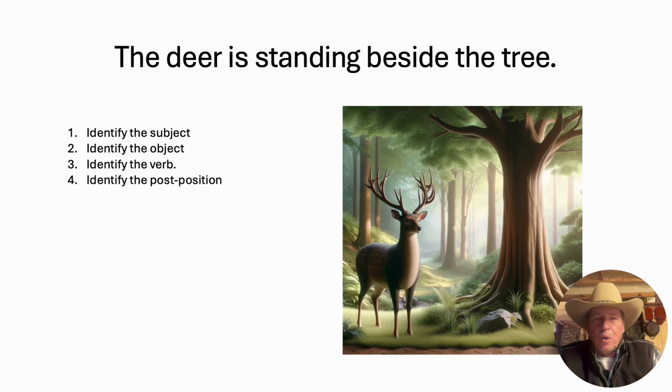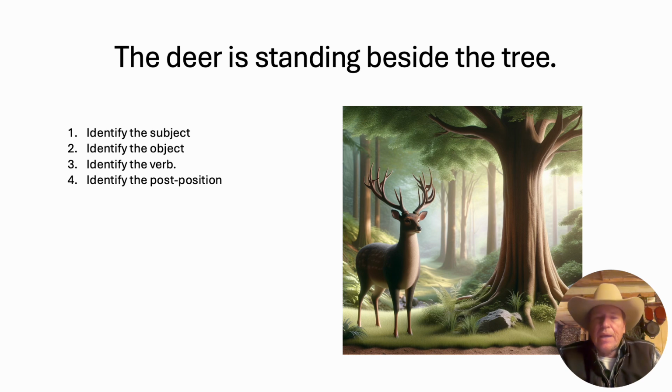Okay, so when you are beginning with your students or your children, you can have these four little directions that we want to accomplish in describing a picture. And you can have them off to the side. Eventually, you won't need them. And up above is the sentence we want to create. The sentence we want to create is the deer is standing beside the tree.